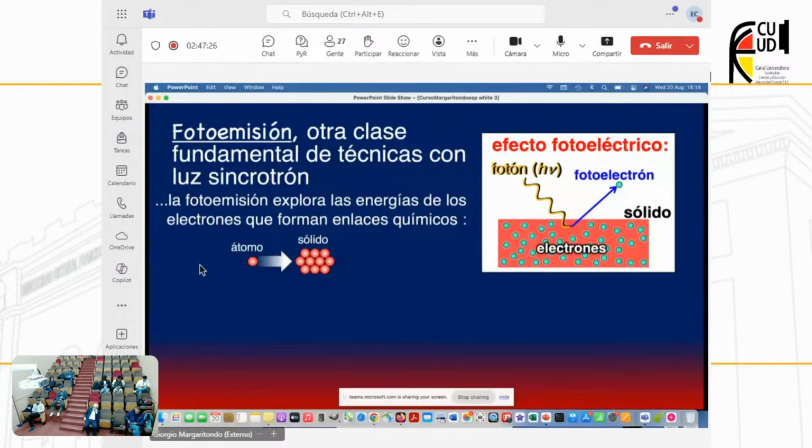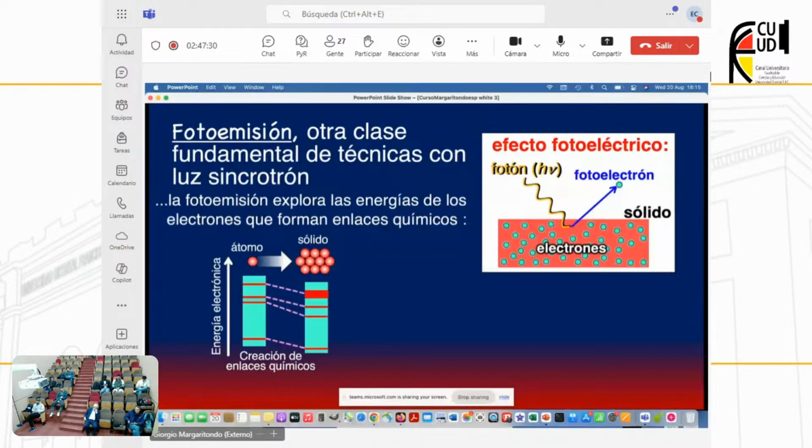What happens to the energies? Well, if you take the energy spectrum of the atom, of course, it is going to be changed by the formation of chemical bonds. The core levels are changing in position. There is the valence band. So you're going to get a new structure. And it will be very, very interesting to explore this electronic structure.